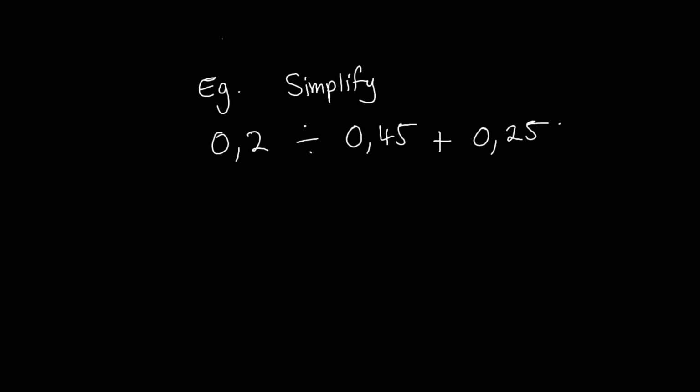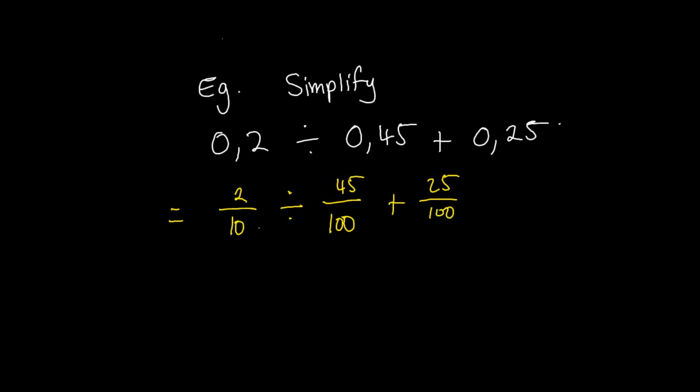I can express it as a fraction which has a denominator of 10 raised to some power. This is content from term 1, by the way. There's one digit after the decimal comma, so the denominator will be 10 raised to the power of 1, which is 10. Divided by, there are two digits after the decimal comma, so it's going to be 10 raised to the power of 2, which is 100. The numerator is 45, plus, and the last fraction is 25 over 100.